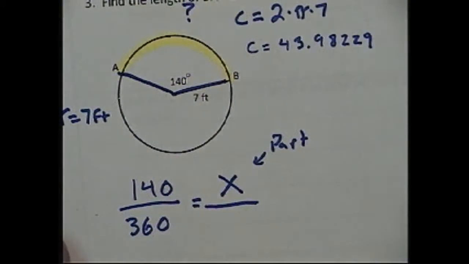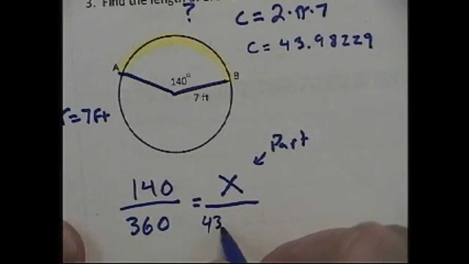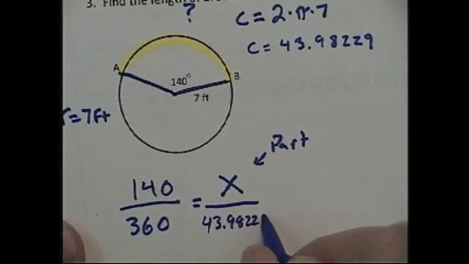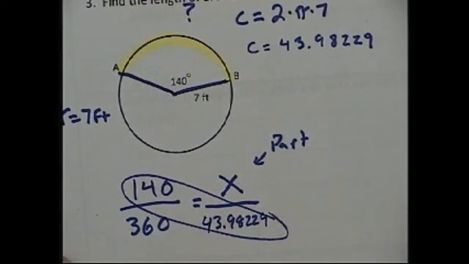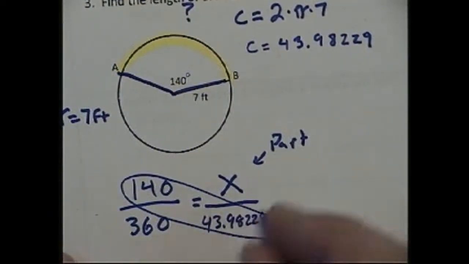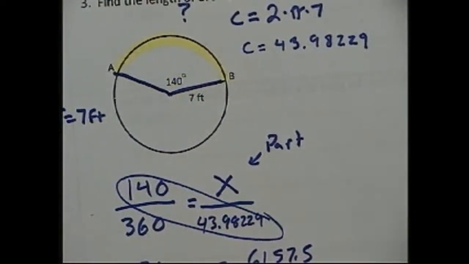I do know the length all the way around though. It's 43.98229. And I've got that number stored in my calculator right now. I haven't cleared it off. And so when I cross multiply, I can take that number and multiply it directly with 140. And on this side, it will multiply to 6,157.5. The other direction is just 360 times x.